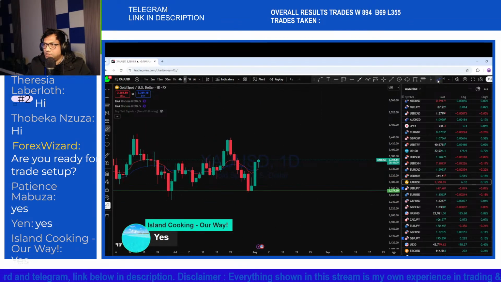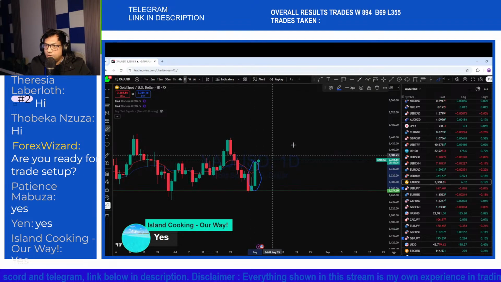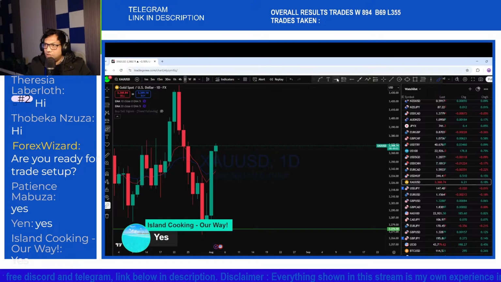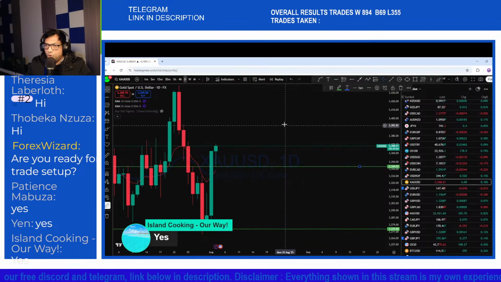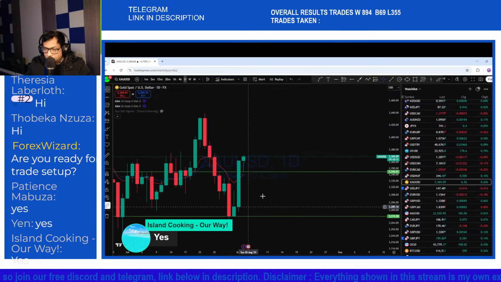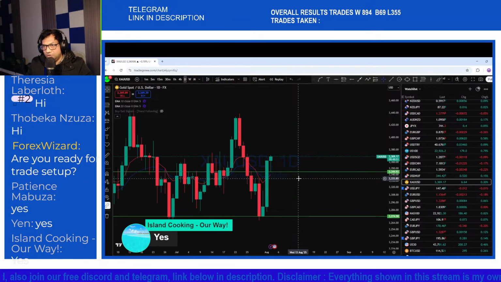During the NFP, we have seen that bullish move on gold, and today the market dropped back below to this support, and from this support it made its move back to the upside again on the daily time frame.